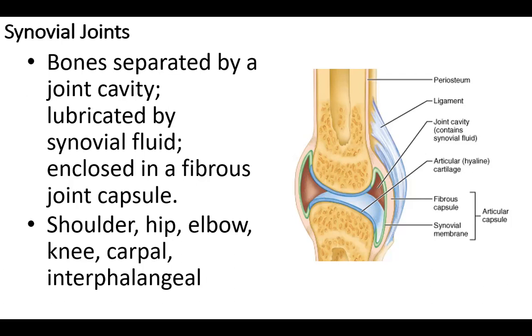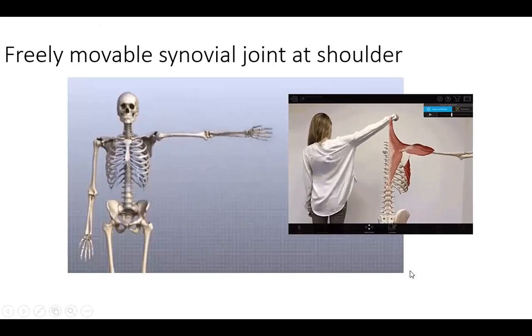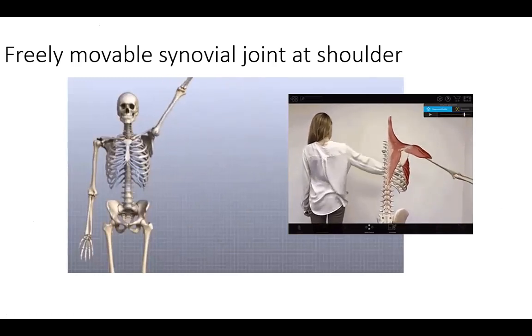That's probably the consistency of the synovial fluid in these joints, so that we have this flexibility, because we can do things and it doesn't hurt to move. If it hurts, it's because our bones are rubbing together probably, or they're inflamed or something. So, okay. Freely movable synovial joint.